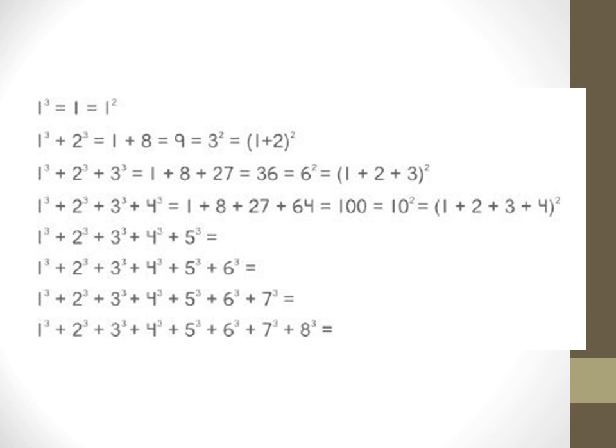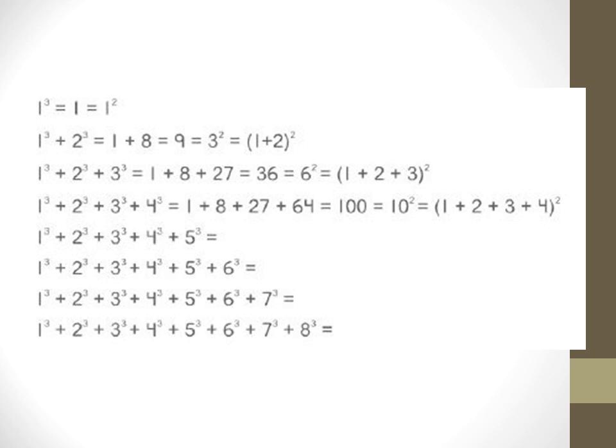In the next one also, 1 cube plus 2 cube plus 3 cube plus 4 cube gives you 1 plus 2 plus 3 plus 4 whole square. In the same way, try to find out the pattern and find out the answers to the next equations.